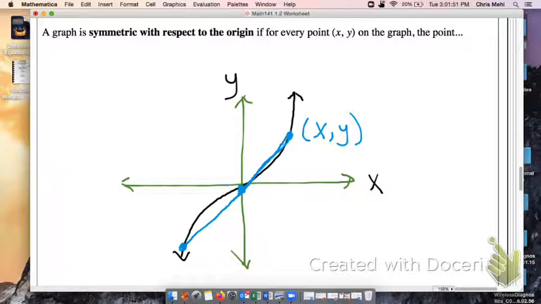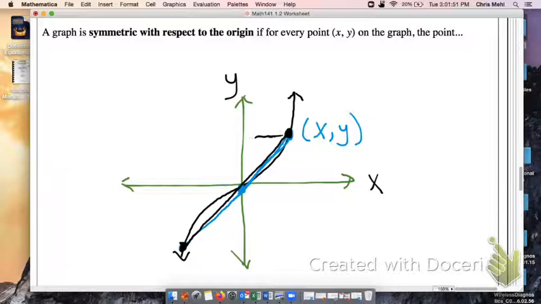that means I have symmetry with respect to the origin. So I start at the point with coordinates (x, y). Again, I'll just show you one more time. If I draw a line through that point and the origin and I intersect the graph again, that graph has symmetry with respect to the origin. And it turns out there's actually two kinds of reflections going on here to get there.